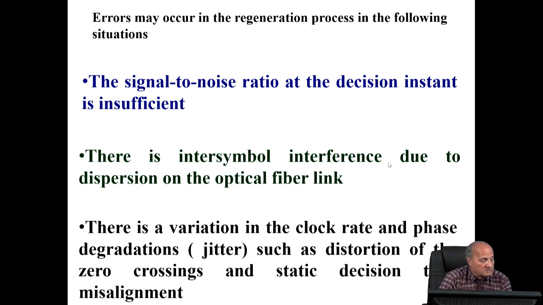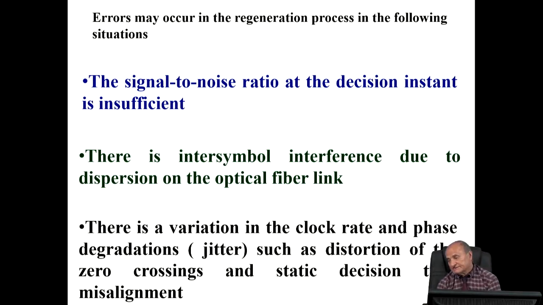Different parameters cause errors in the optical receiver in our case. Is the signal to noise ratio low or high? Lowering the signal to noise ratio on the receiver side may cause errors in the detection process.